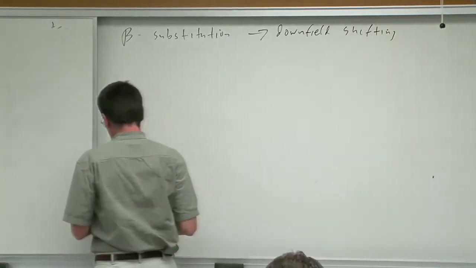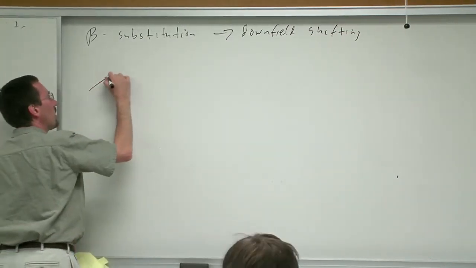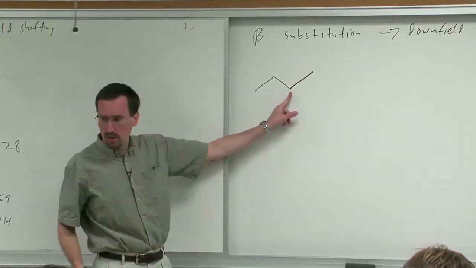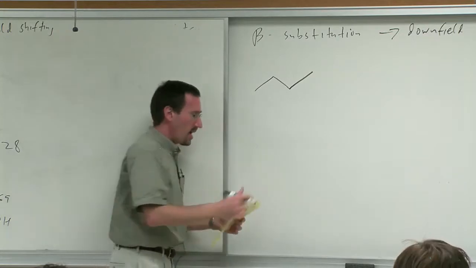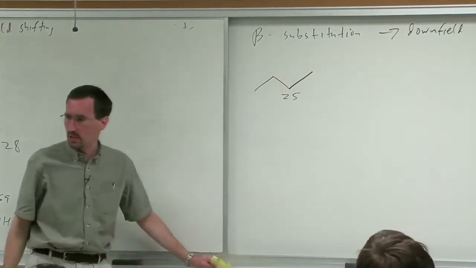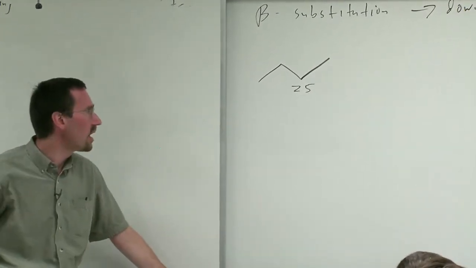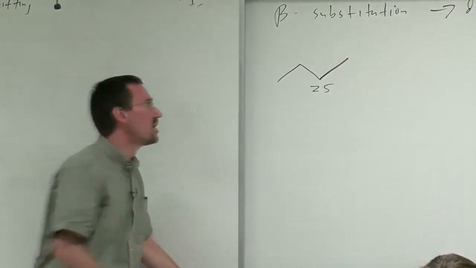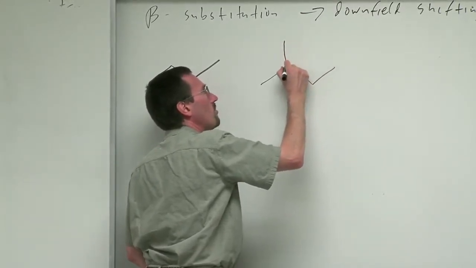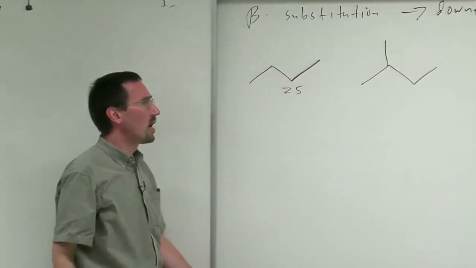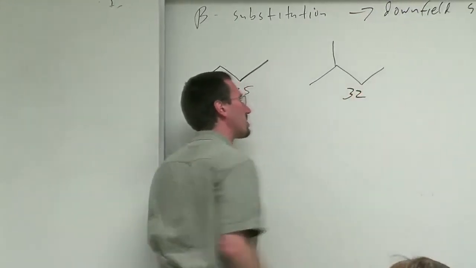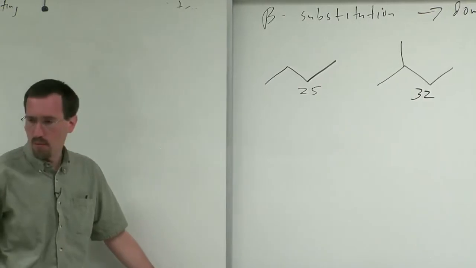But let's take an example. And what I'll do is I'll take butane as an example, and we'll look at this carbon here. And then we're going to put substituents over here, so there'll be beta to it. In other words, instead of directly on it, there'll be one over. So if we add one methyl group here, so I'll go from butane to methylbutane, now this carbon goes 7 ppm more downfield.